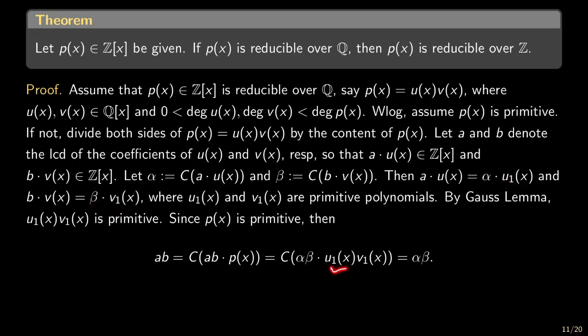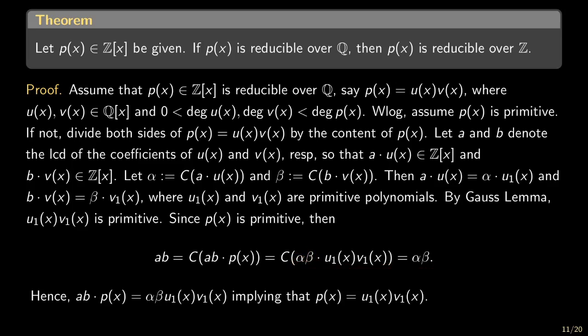Now, because again, this one is primitive, alpha times beta is a constant, then the content of this polynomial is just alpha beta. Hence, the equality of this implies that because these two are equal and non-zero, you can divide that.